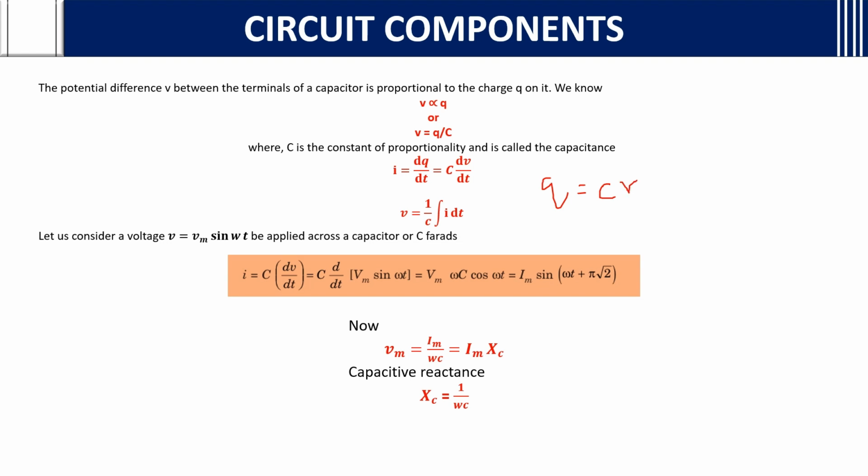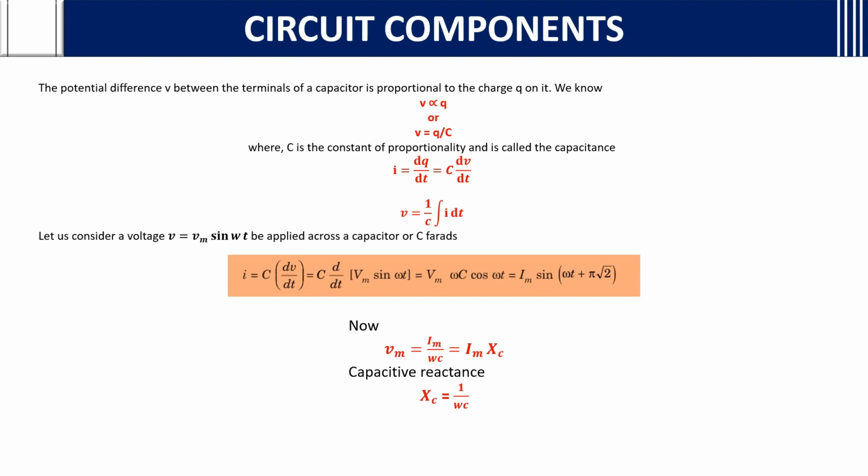So if you substitute Q equals CV, then what we get? C into dV by dt.